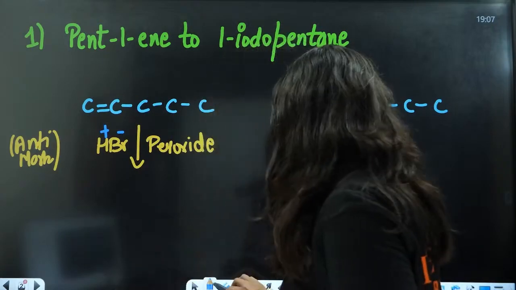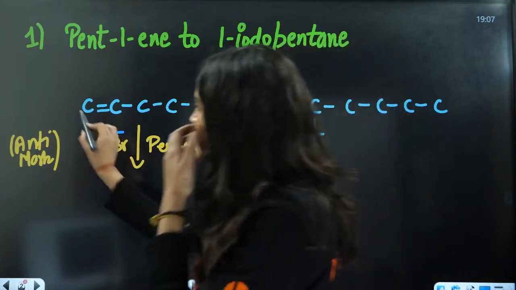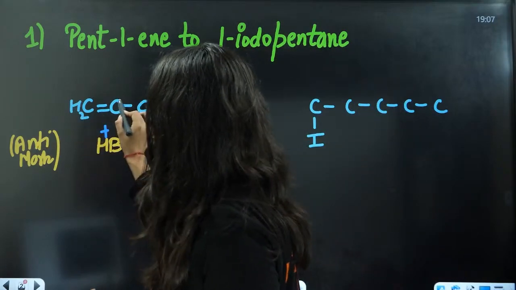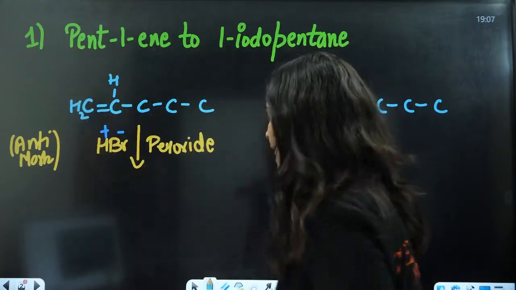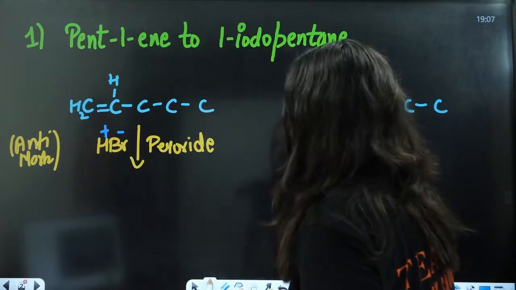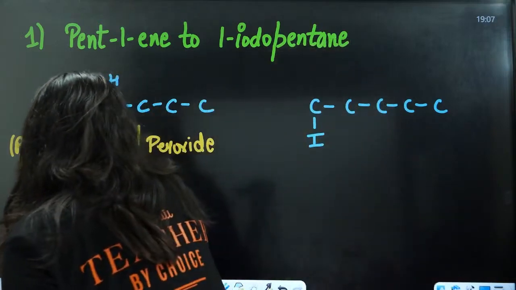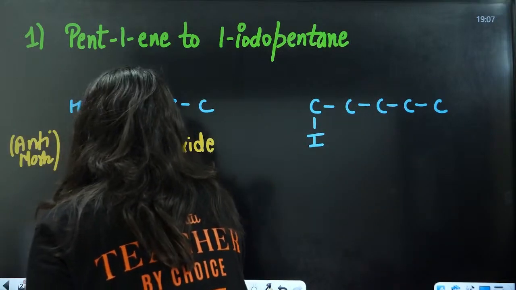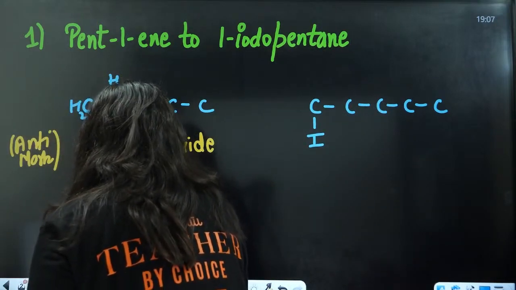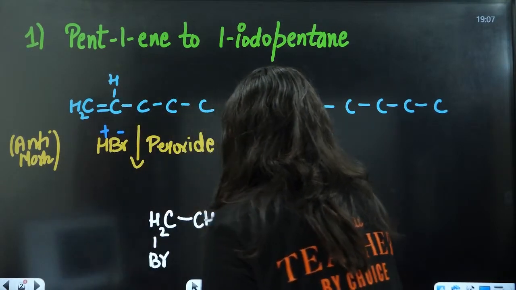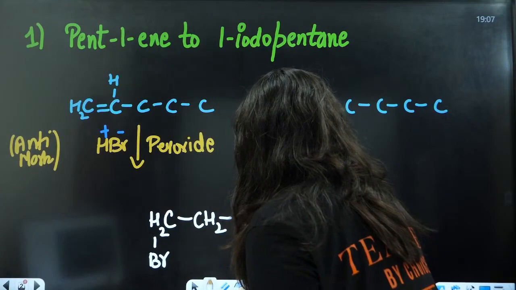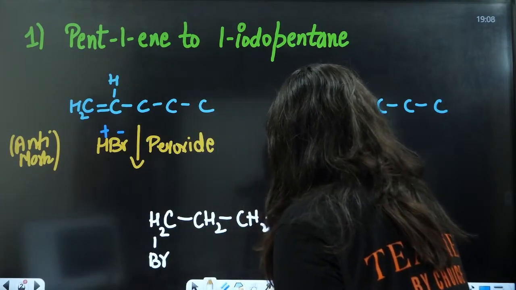Let's complete the valency here: this carbon is CH2 and the other has only one hydrogen. So the bromine goes on the CH2 carbon, giving CH2Br, CH2, CH2, CH2, CH3.